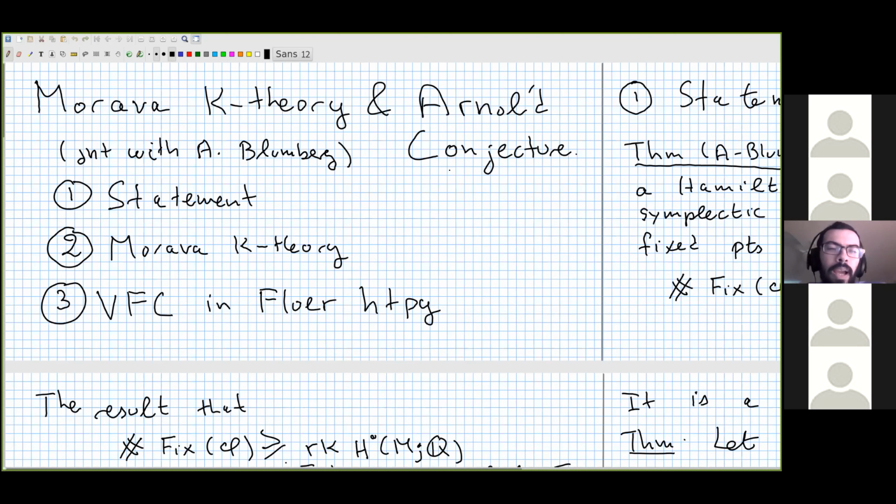So the way I will do this is that I'll give the statement of the result, and in the statement there's going to be no Morava K-theory, no fancy algebraic topology. Then I will introduce what these Morava K-theories are, how they appear and how they're useful, and then I'll give some technical discussion about what's involved in using the Morava K-theories in symplectic topology.